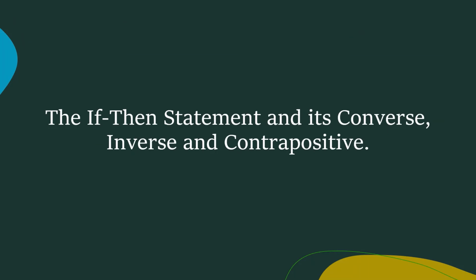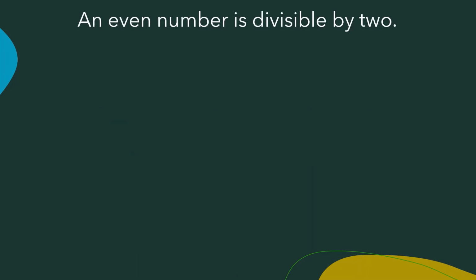There are cases that statements are not written in if-then form. So, let us write statements in if-then form, then get its converse, inverse, and contrapositive. Example number 1. An even number is divisible by 2. So to write in if-then form, let us first identify the hypothesis and the conclusion.